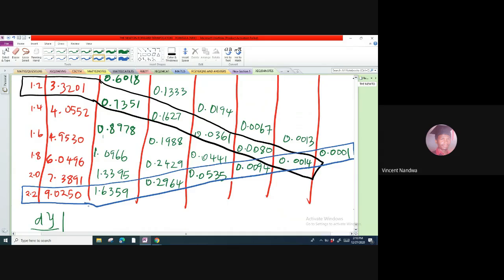Because 2.2 is at the bottom, we use Newton backward. So remember, this will be Newton backward, while this one will be Newton forward.